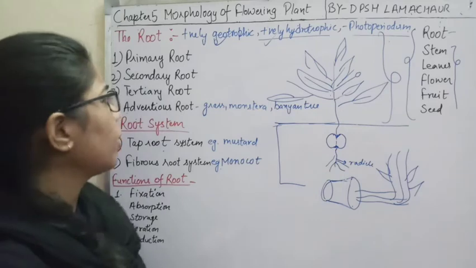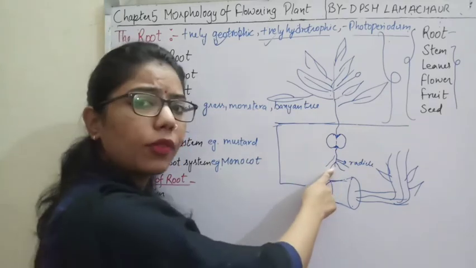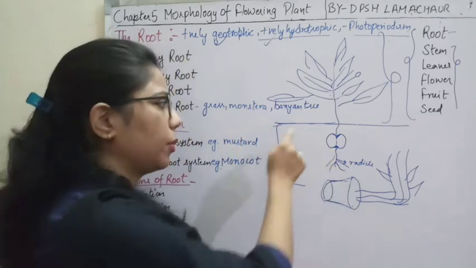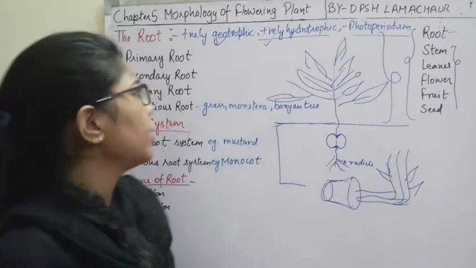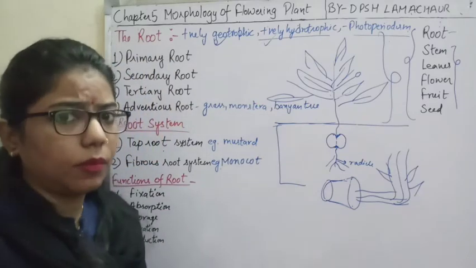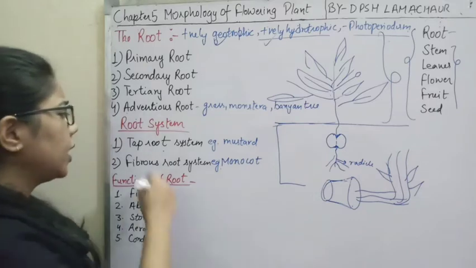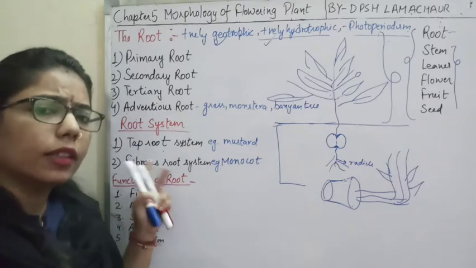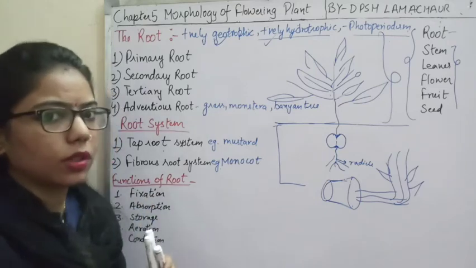Now, as I have said, these roots arise from where? From the radicle, because here I have drawn the dicot seed. Here we have classified the root system into two parts. What are they? Taproot system, and the other one is the fibrous root system, or adventitious root system.